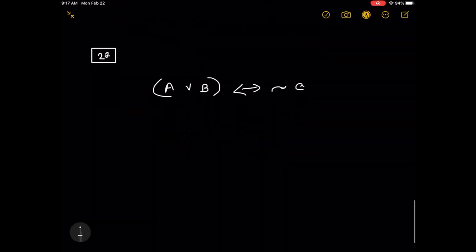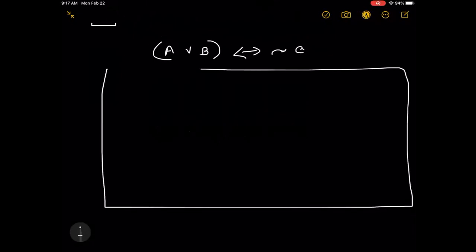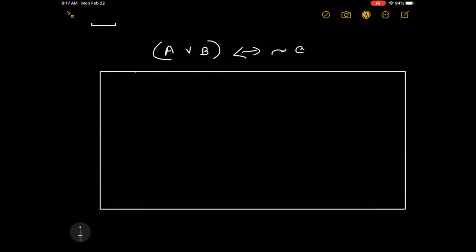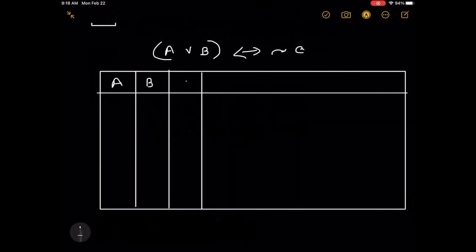Let's start with our initial conditions. So that's for A, B, C. Okay, if you remember, if we have 3 initial conditions, we have 8 initial criteria.